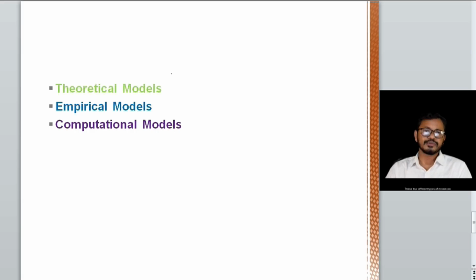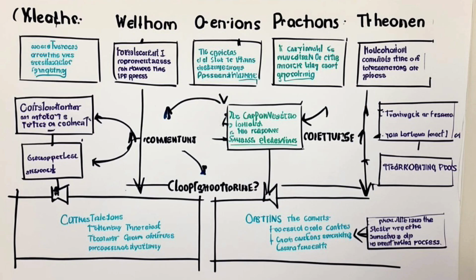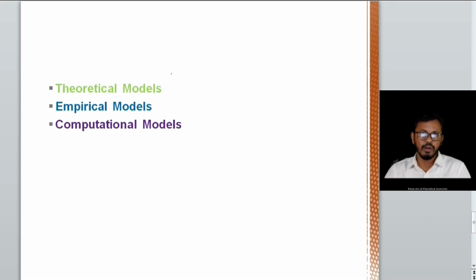See, we have four different types of model. These can also be said to be three different types of model. Why? Because the basic, visual and mathematical models can sometimes be expressed as theoretical models, because these are all theoretical economic phenomena converted either into visual forms or mathematical forms.